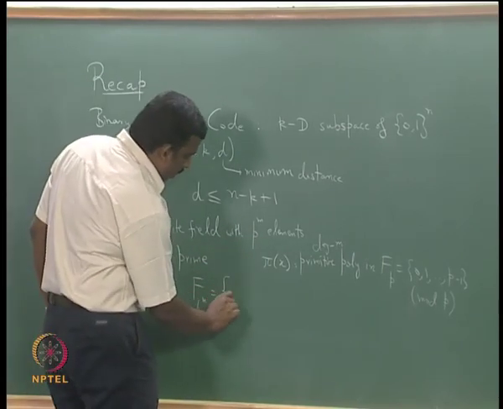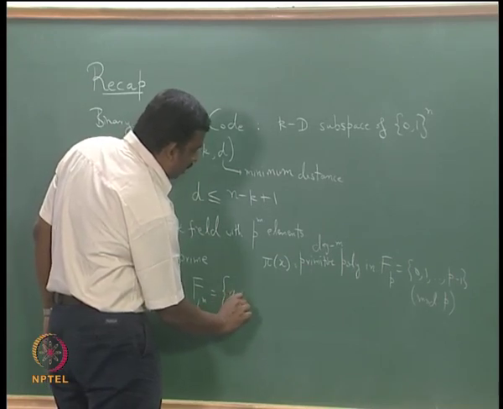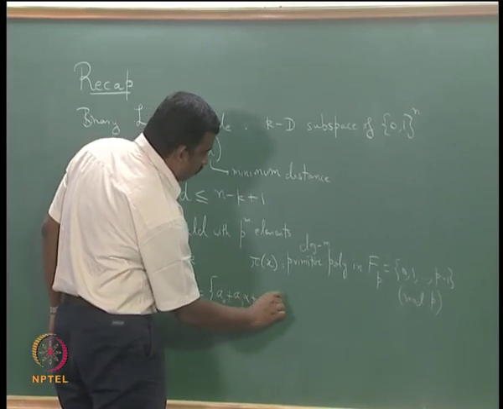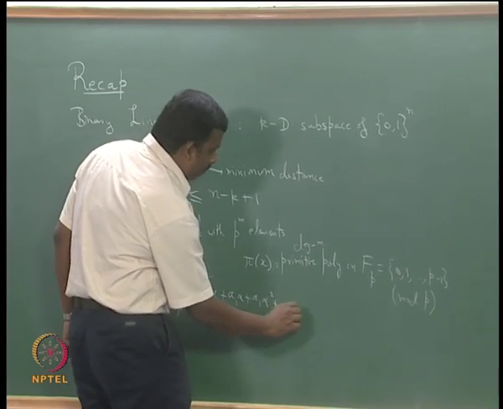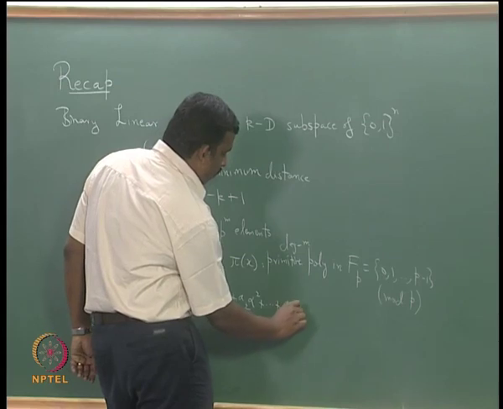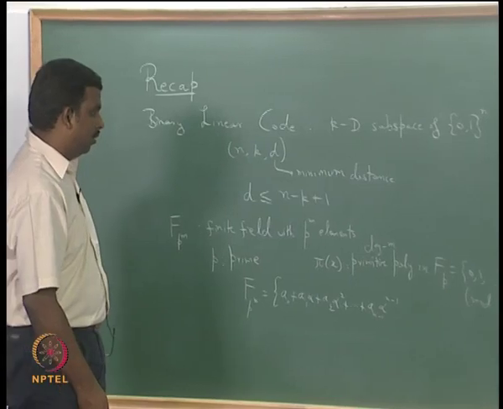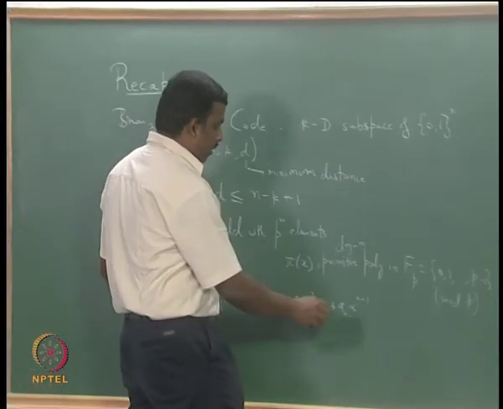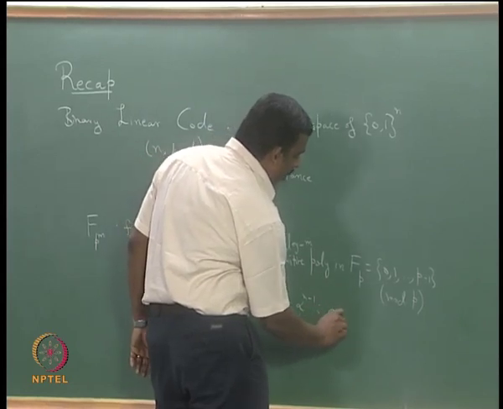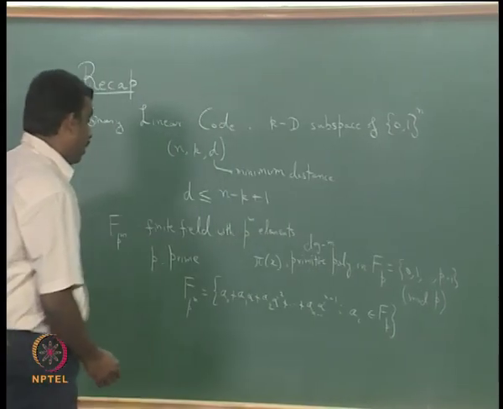So what is the definition? You have to look at polynomials, let us say in some alpha, of degree less than or equal to m minus 1, and these coefficients a_i should come from F_p.